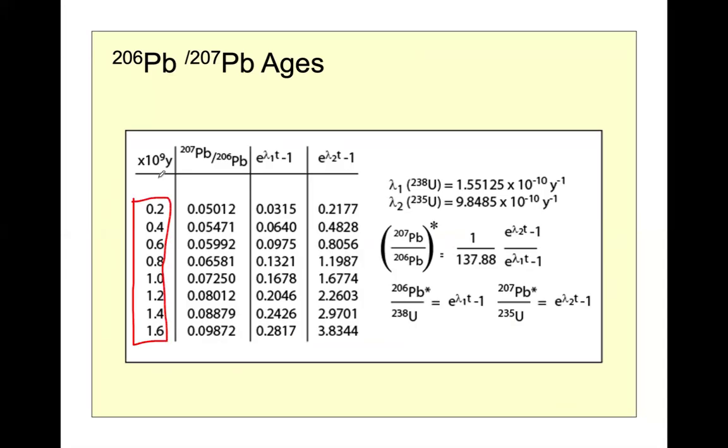Starting from zero, no problem. From there, you can go up to even the age of the Earth, because we are interested in Earth's materials. That means the time span should be from 0 to 4.5 billion years.